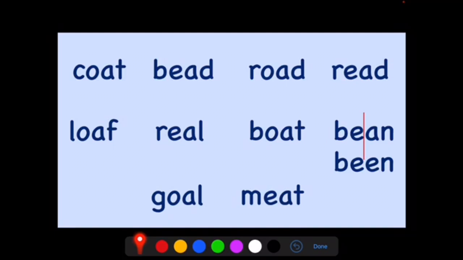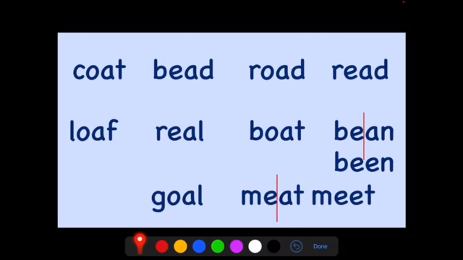But here's another word. Meat, which can be written with a double E. Meat and meet. This one is when you meet someone, and this one is the one you may eat. Now, we can split it into a spelling language again.